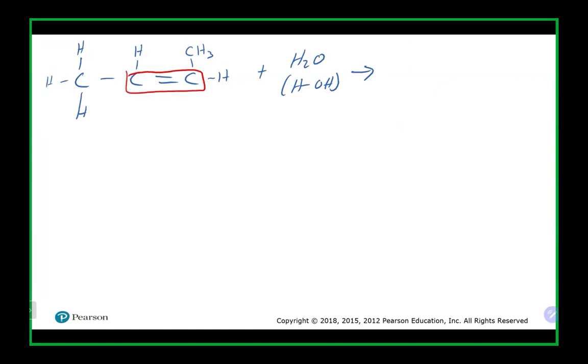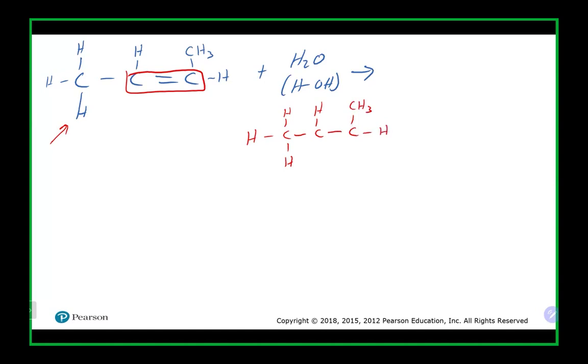I highly recommend copying what's there because that's pretty much the answer. I'm going to draw it underneath so I have more room, copy it exactly the same, and the only difference is turning my double bond into a single bond.